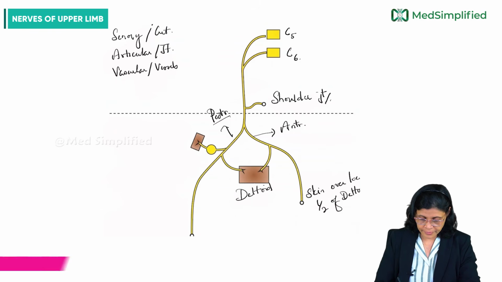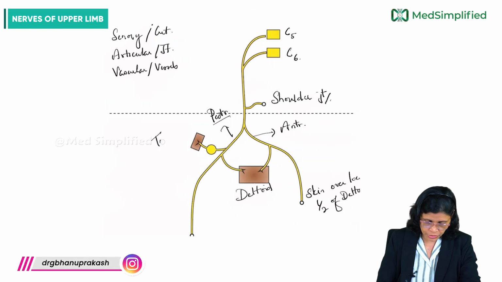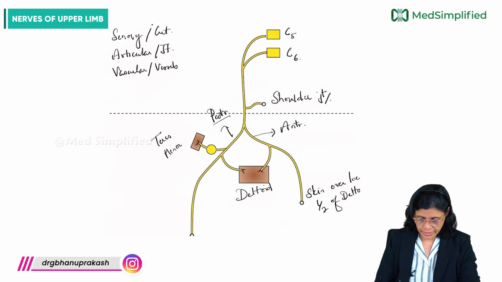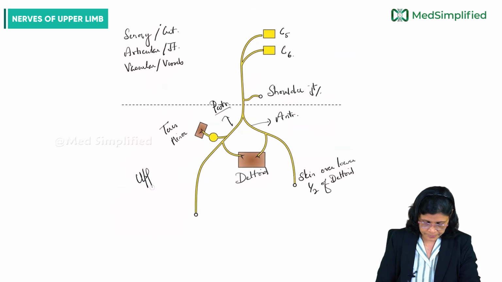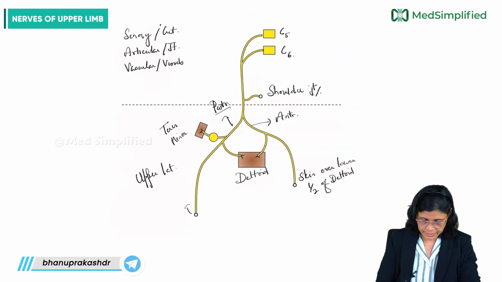Whereas the posterior division gives a branch to the teres minor muscle and continues as the upper lateral cutaneous nerve.